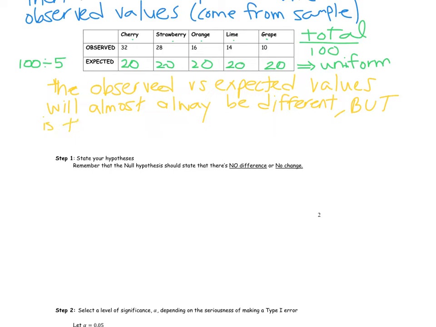But is the difference due to sampling? Like we said before, no sample is perfect. All samples have this sampling error. Or is the difference statistically significant?